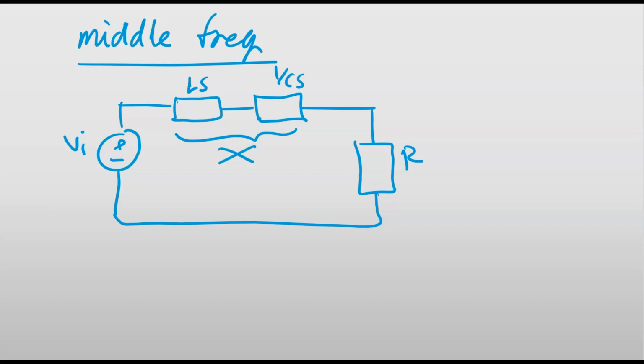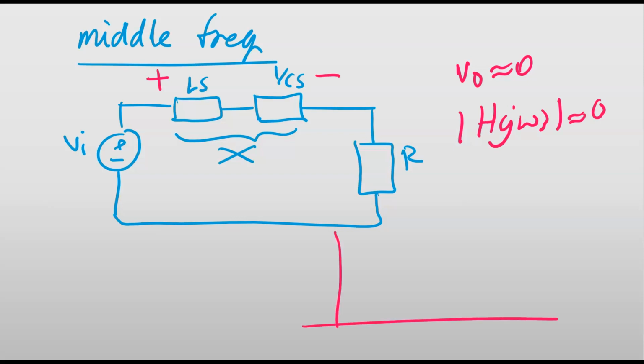So if I'm focusing on the voltage of inductor and capacitor together, the voltage drop will be very small, so VO would be very close to 0. So it means that the magnitude of H at j omega will be close to 0. So that's what I'm basically looking for in a band reject filter, something like this: 1 for low and high frequency and something around 0 for middle range.